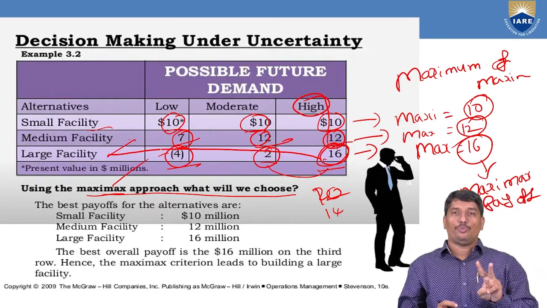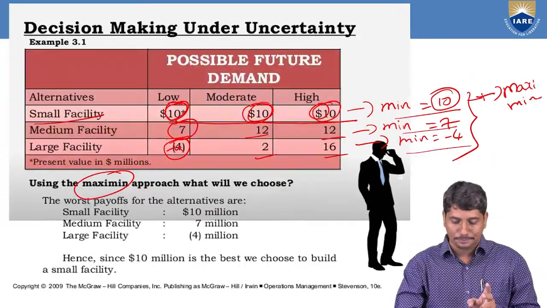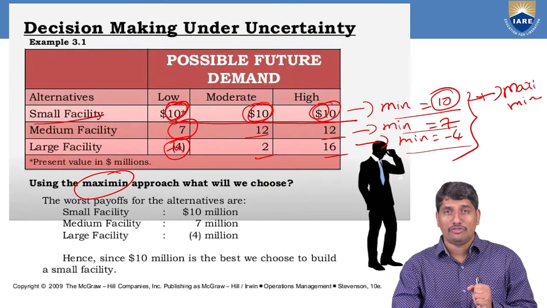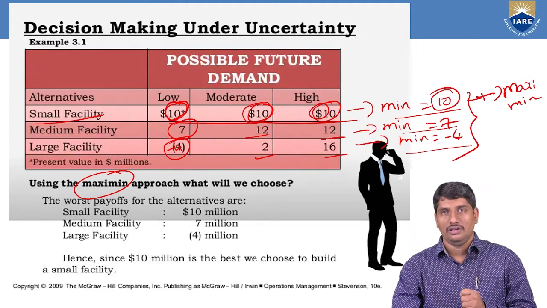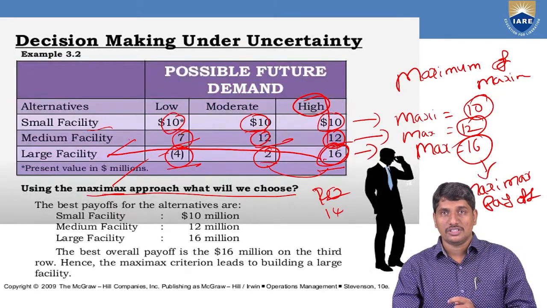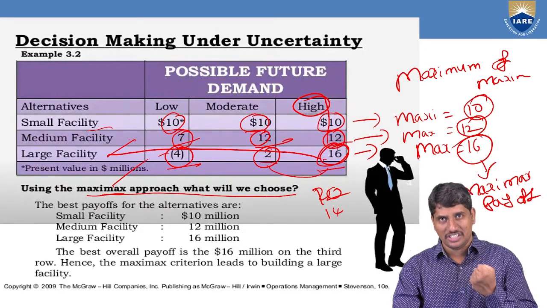So what are the two approaches we have discussed so far? Maximin means when we want to play safe game, we don't want to risk, and we want at least minimum profit under any situation, then we go with the maximin. But Maximax means we are completely going with a daring decision.